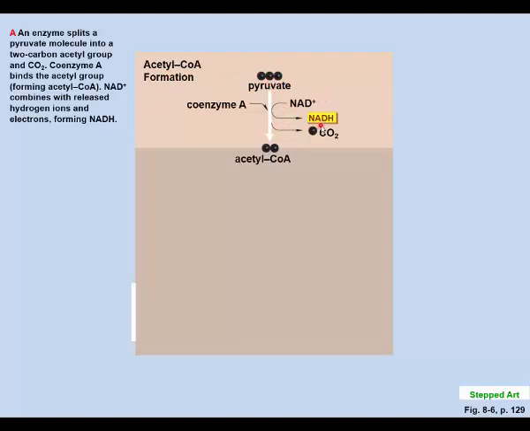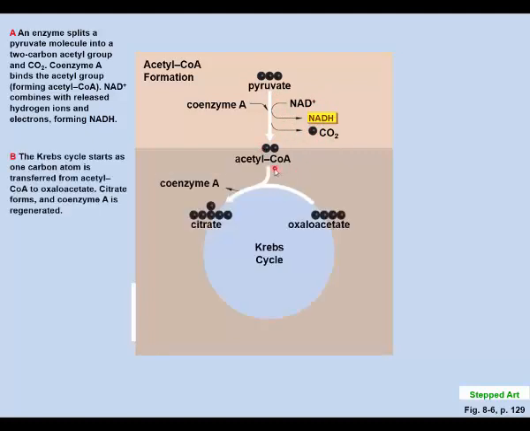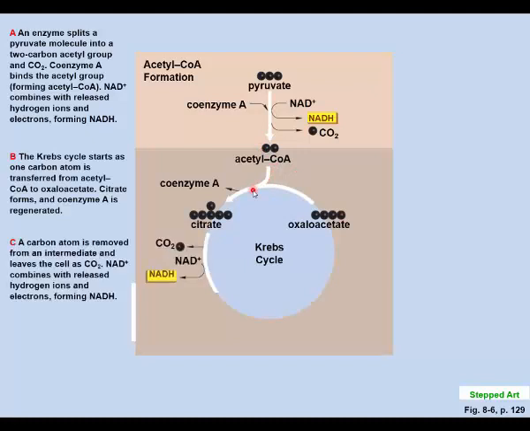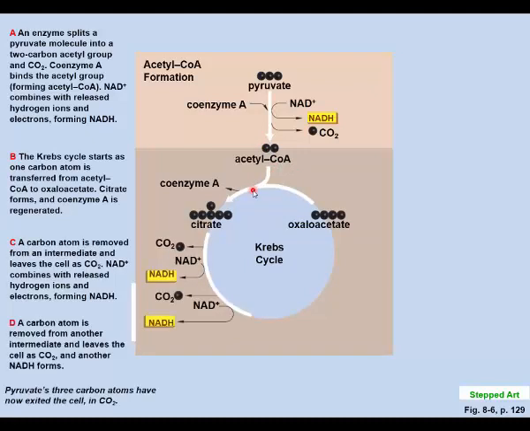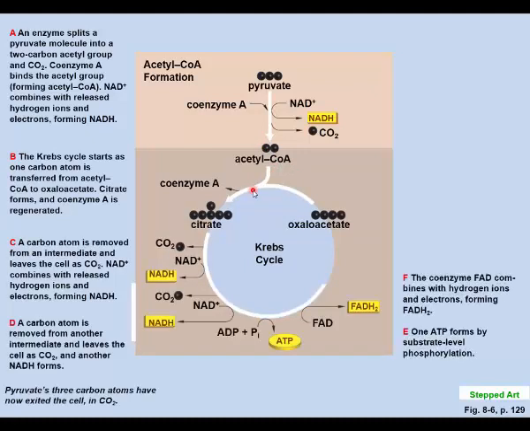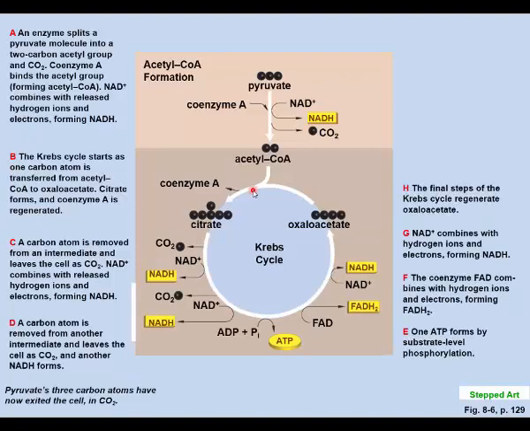We make NADH as an energy source. We actually produce some carbon dioxide here too. We make acetyl-CoA. The next thing we do is we go around the Krebs cycle, and it produces NADH and ATP and FADH2 as we go around, and we do that reaction again.